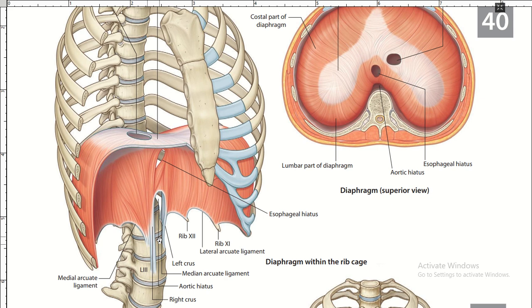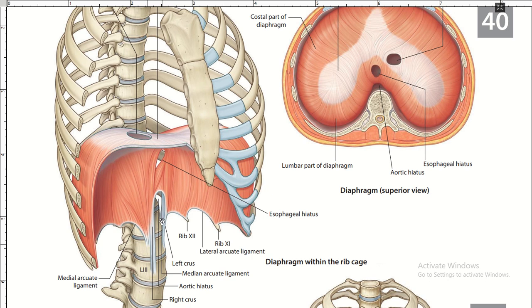Right. And then we're going to have the medial arcuate ligament and the lateral arcuate ligament. The reason why there are 5 is you only have 1 median, 2 medial, and 2 lateral. So this will be medial.